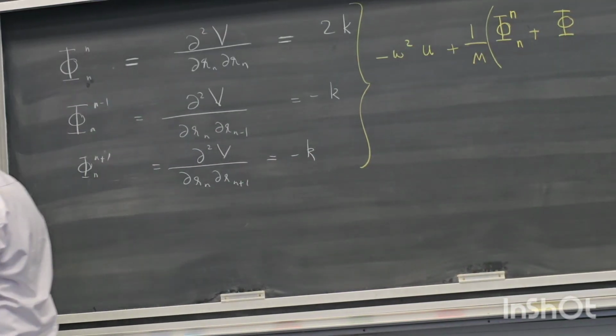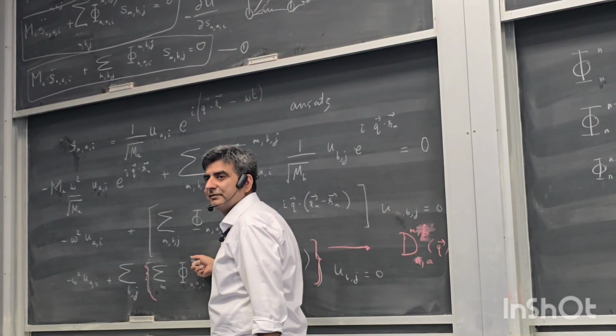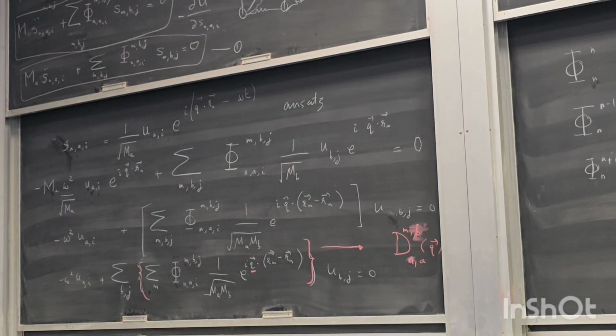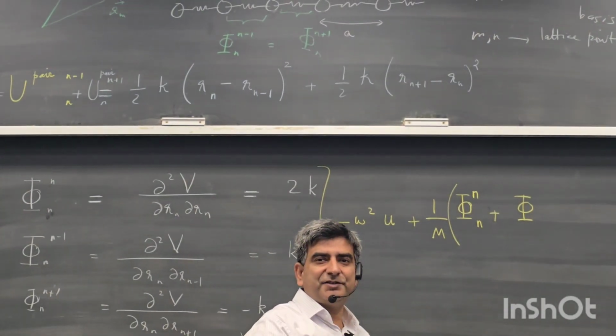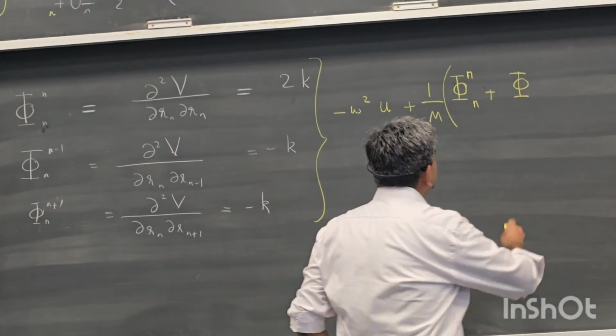So the next value of m, okay, I don't need the summation over b over j, because there is only one b over j. So for each b over j, which is just 1, I take these 3 m's plus phi n.